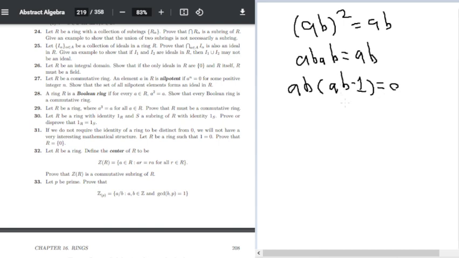Or actually, more generally, using that line of logic of replacing AB by A, we have that, I'll put a star here, A times (A minus 1) is equal to 0.